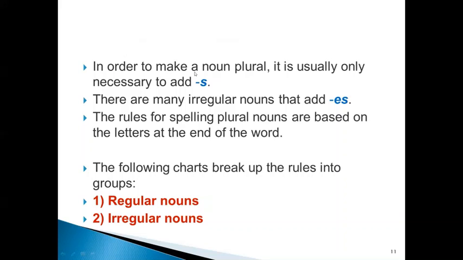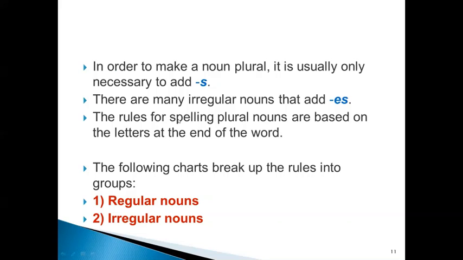In order to make a noun plural, it is usually only necessary to add s. And there are many irregular nouns that add es. So to make the plural form of a noun, usually we use what? S or even es. We add just s at the end, or es.